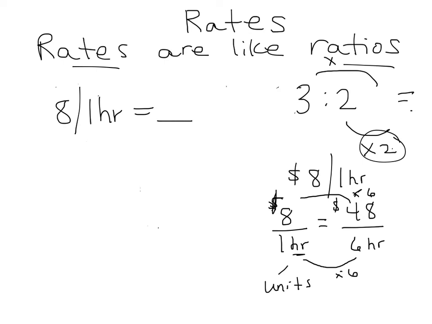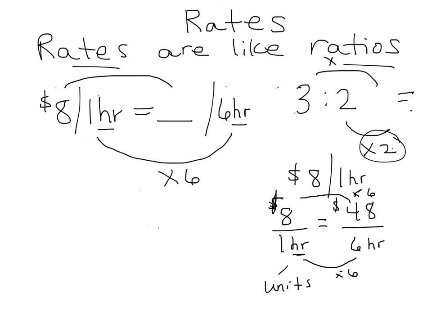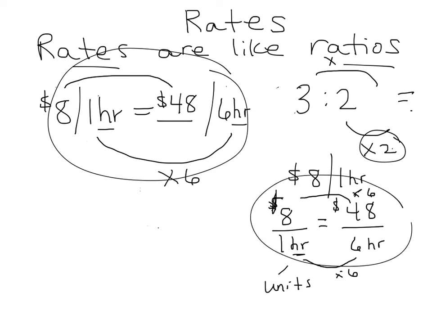And then I'd go blank per 6 hours. So I could write it like that as well. And again, you find your hours, and you go, what did I do to the 1 to get to 6? I multiplied by 6. And then you go money to money. How much money is that going to be? It's going to be $48. So you can write it this way, or you can formulate it like a fraction, just like when we were doing ratios as well.